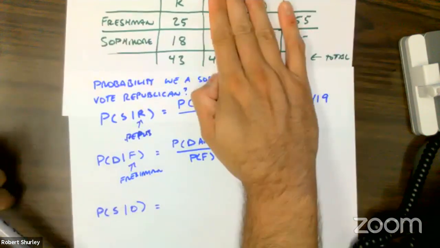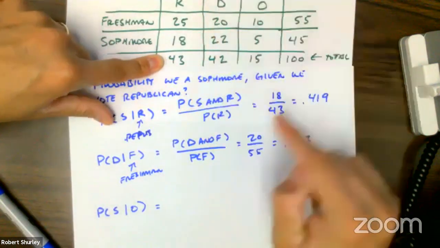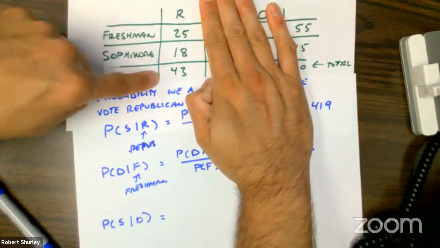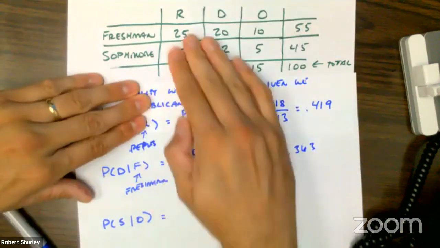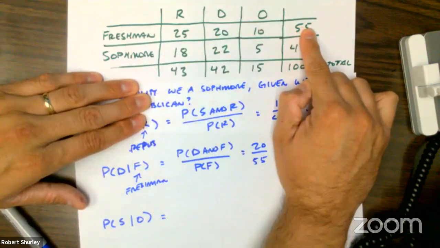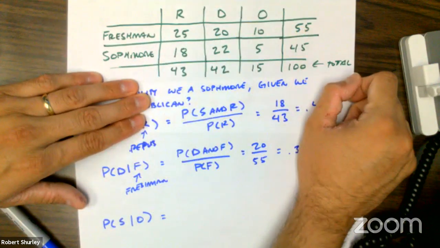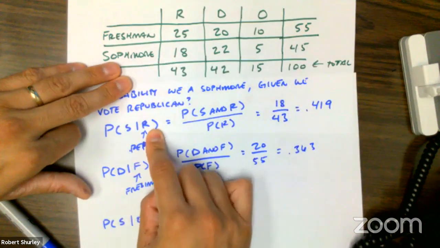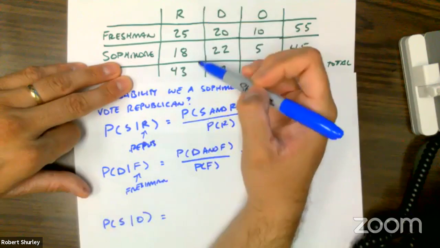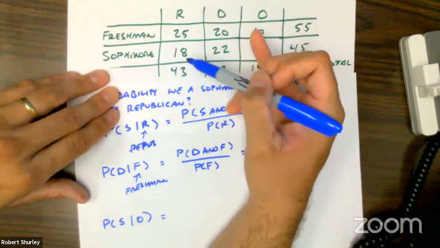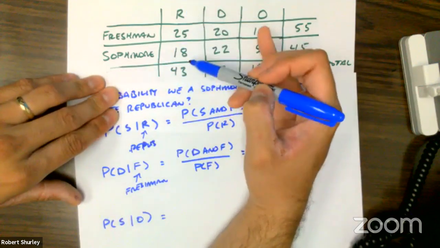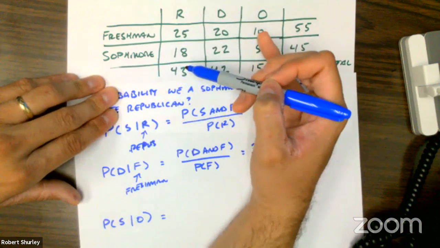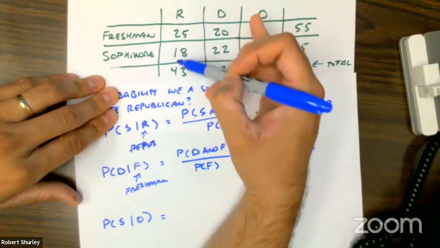If the given is Republican, then it's 18 over 43, because there are 43 people that are Republican. Gotcha. 18 out of 43.